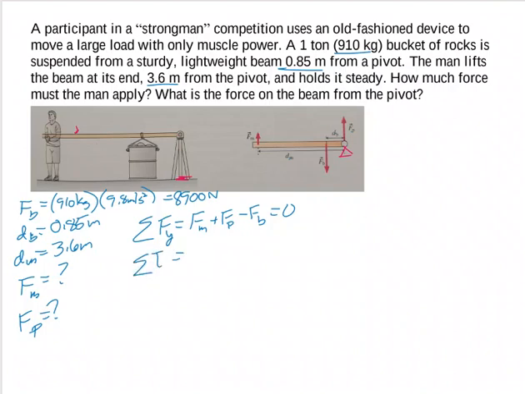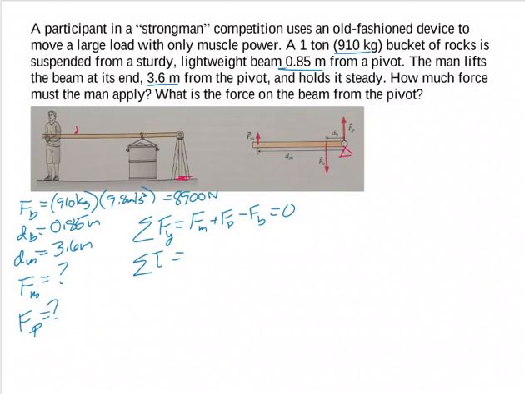Equals. Now, all of these forces are being applied at a distance away from the pivot, with the exception of the force sub P, the force on the pivot, because that has a distance of 0. So for the force of the man, we have to think about which way the man is trying to rotate the beam. That is in the negative direction because it would be rotating clockwise.